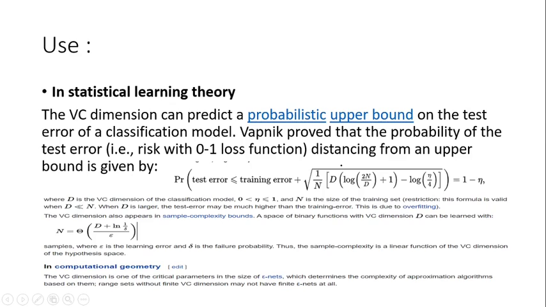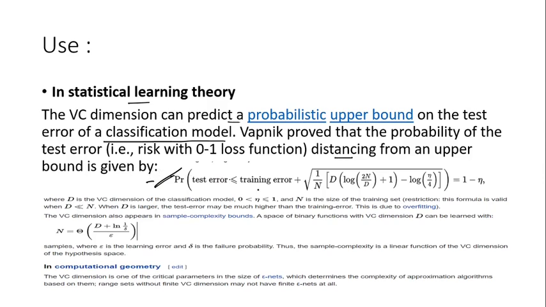Now what is the use of this Vapnik VC dimension? In statistical learning, the VC dimension can predict a probabilistic upper bound on the test error of a classification model. Vapnik proved that the probability of the test error deviating from an upper bound is given by this.